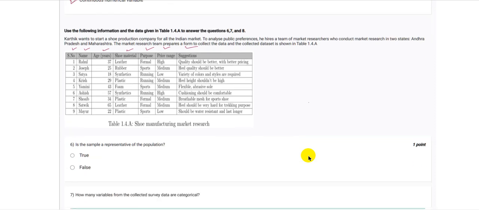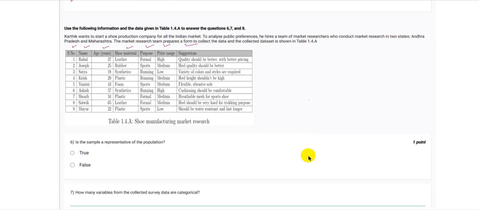Now our question is: is the sample representative of the population? So the question is, is our sample right for the population or not? Okay. So here Karthik wants to start a shoe production company for all the Indian market. But here the research team researched in only 2 states, Andhra Pradesh and Maharashtra.